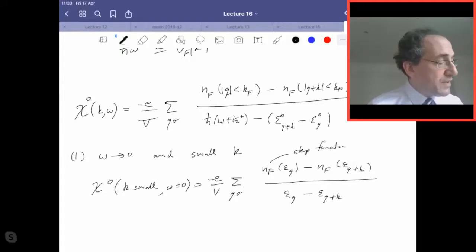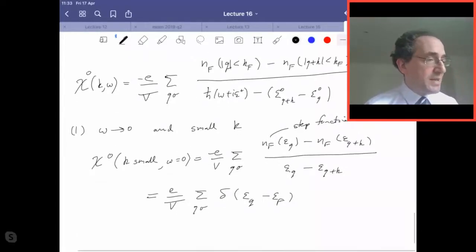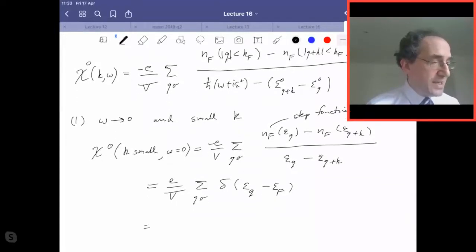So we get the derivative of a step function. I'll just rewrite that as e over the volume of the system, sum over q and sigma of a delta function, epsilon q minus epsilon F, having taken that limit. And we can rewrite this, instead of a q integral, in terms of an energy integral.